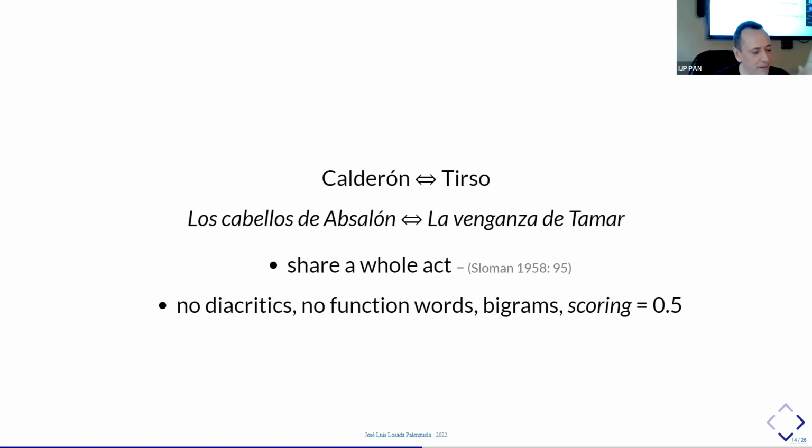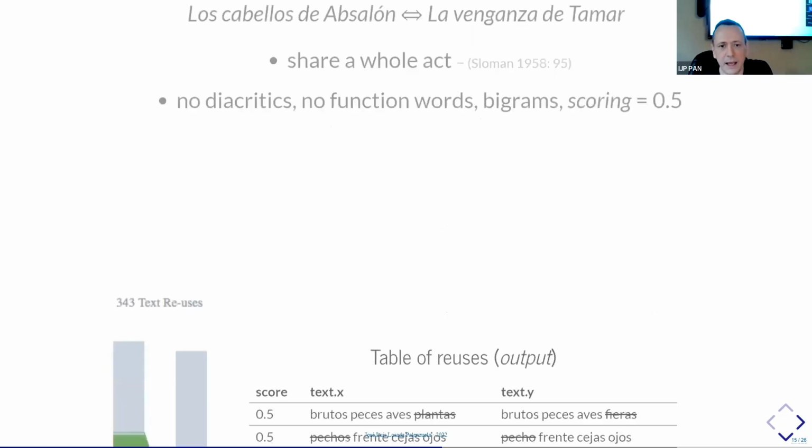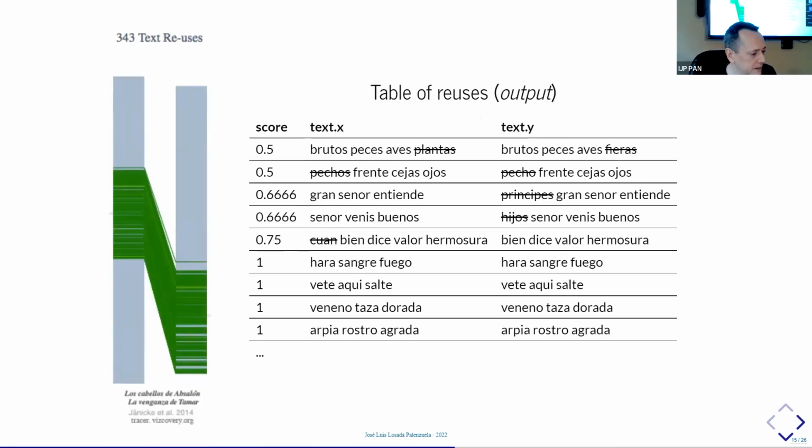But for now, this is what I tried, and as expected, TF-IDF was able to identify the two here also. What's actually important here is the score, which is 0.5. The text reuse is not verbatim, not exact, so it allows you to find verbatim or near verbatim text reuses.